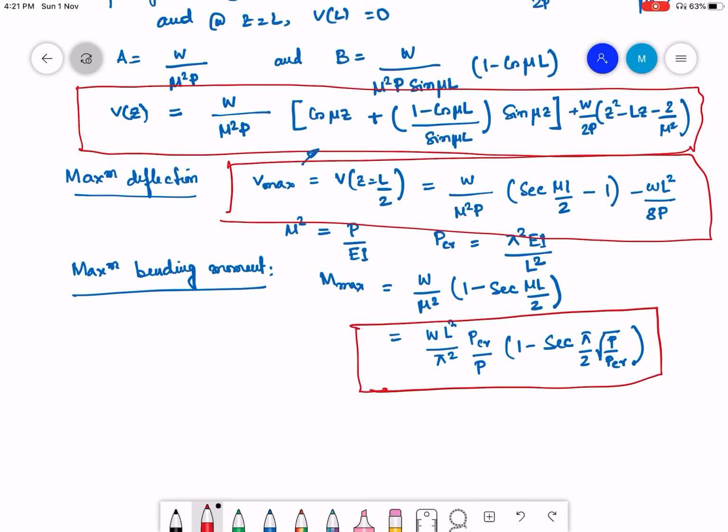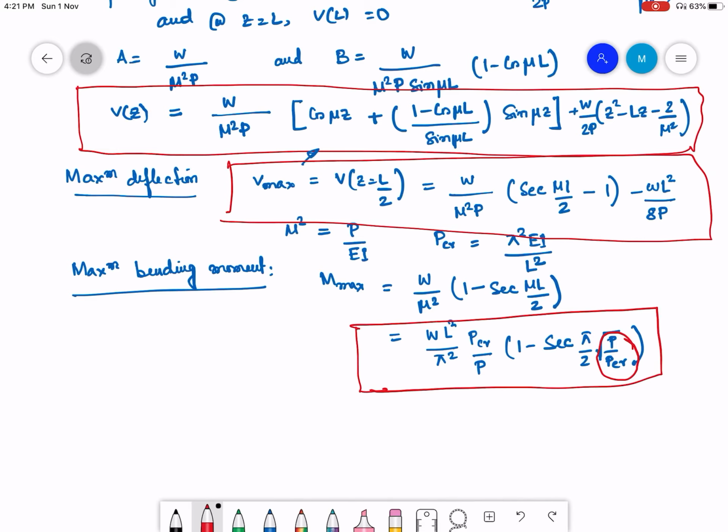Now see, when P approaches P critical, since it has P by P critical, this is going to approach 1, and as this approaches 1, the value of M max becomes considerably large.